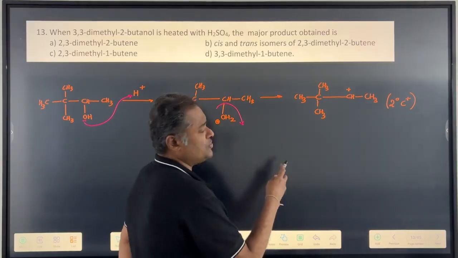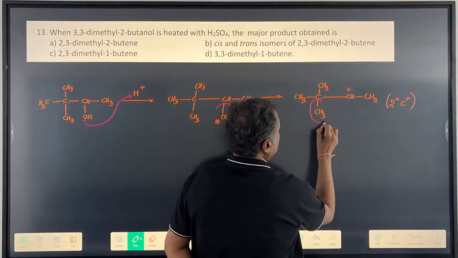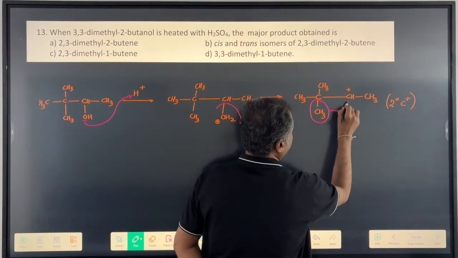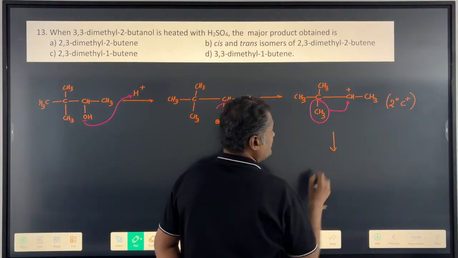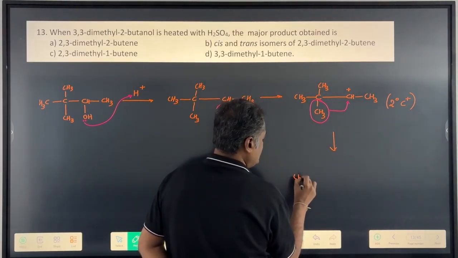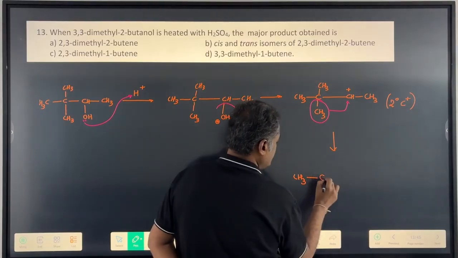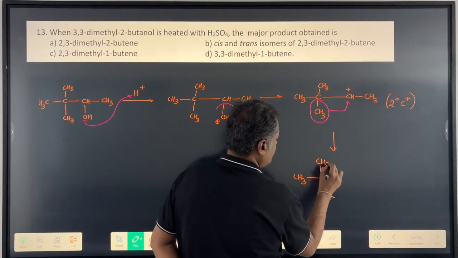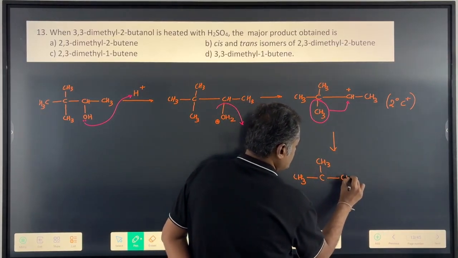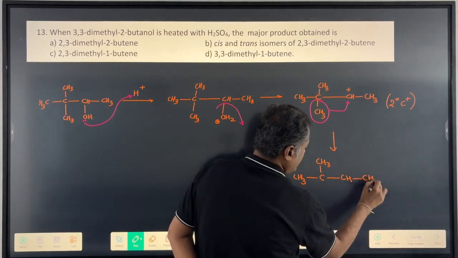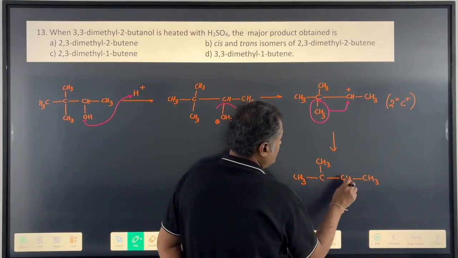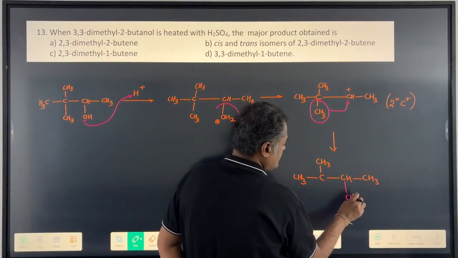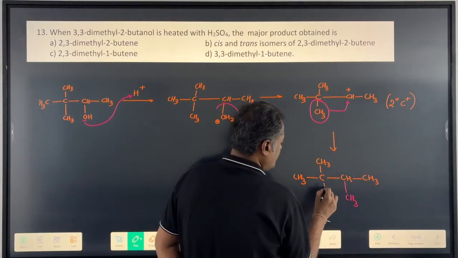And here, if I carry out a methyl shift over here, let's see what we get. So now after methyl shift, the answer would be CH3, CH3, CH and CH3, correct? What has happened? From here I have shifted one methyl group over here, and you have a plus charge over here.